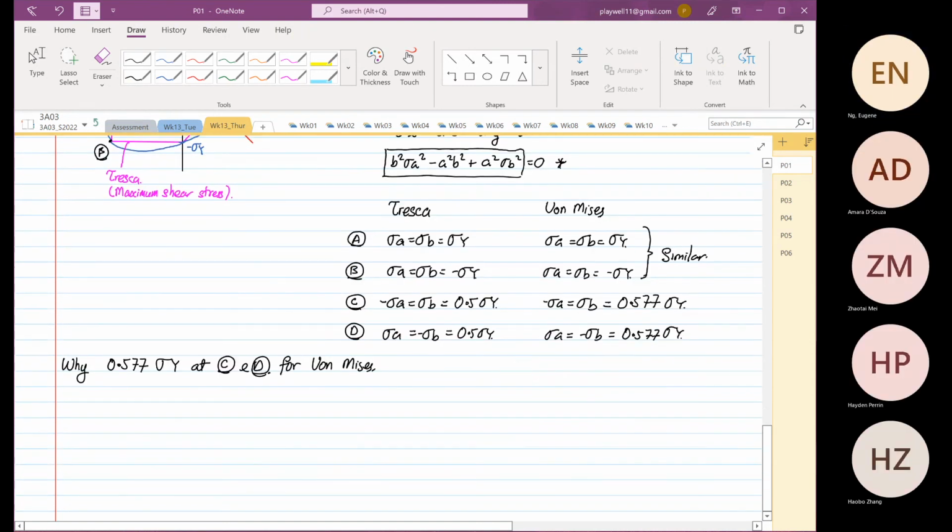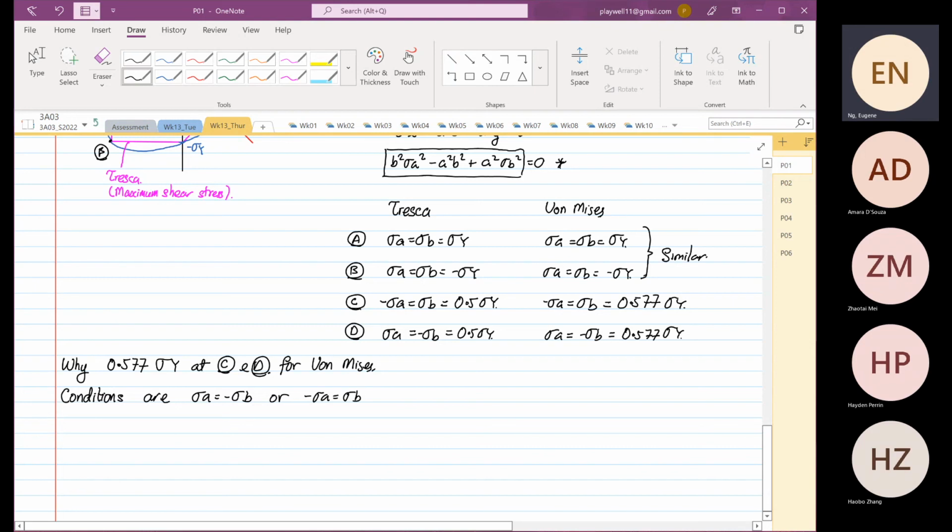Right. So at point C and point D, the conditions are where sigma A is equal to minus sigma B, or minus sigma A is equal to sigma B.